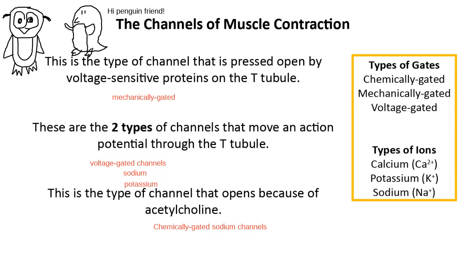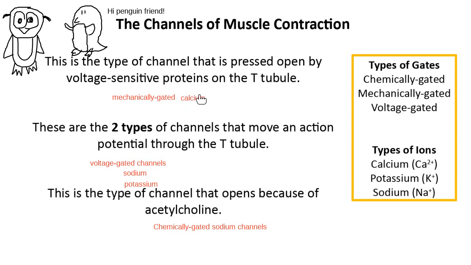Yeah, exactly. Calcium. The end of the road for muscle contraction, my ultimate goal is to spit out calcium. The way I spit out calcium is by pressing open a channel on the sarcoplasmic reticulum.